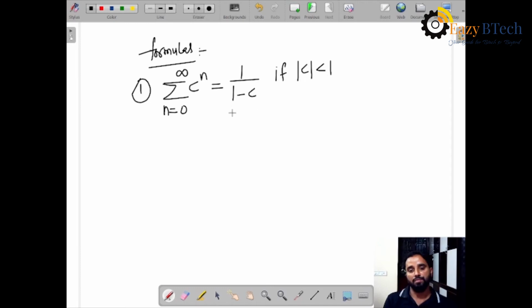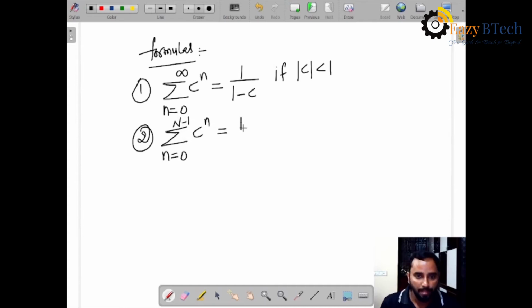Otherwise you get infinity. And the second one, summation n is 0 to capital N minus 1 of c power n, this value is 1 minus c power N by 1 minus c, and here c is not equal to 1.